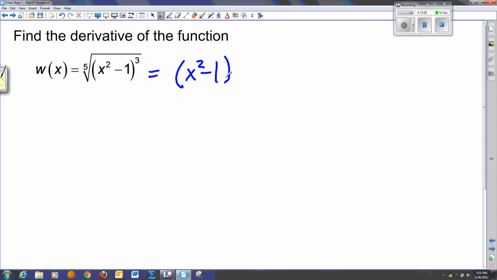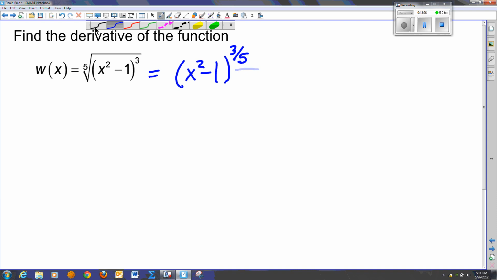We've got the quantity of x squared minus 1 all raised to the 3/5 power. And now it looks pretty much like every other problem we've done. We notice, once again, I have a function, and that function is x squared minus 1 within the function of some quantity to the 3/5 power. And that's exactly what we want to be able to use the chain rule.